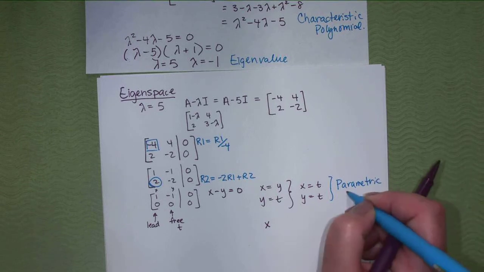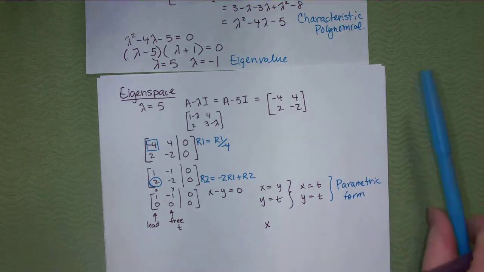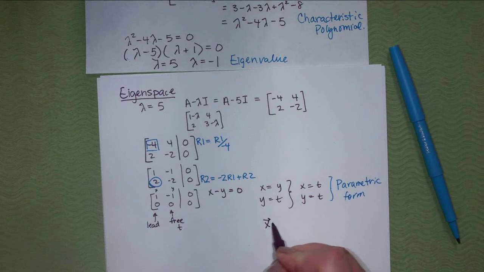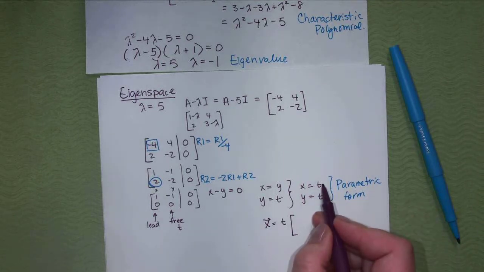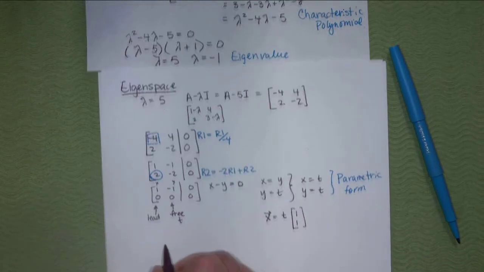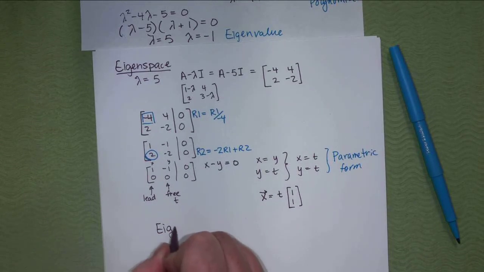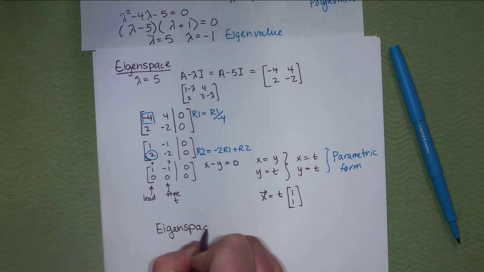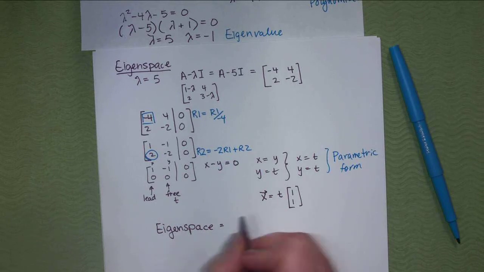But we want it in vector form. So that would be vector x is t times, if we factor out the t, 1, 1. So our eigenspace is this, there's different ways to write it.